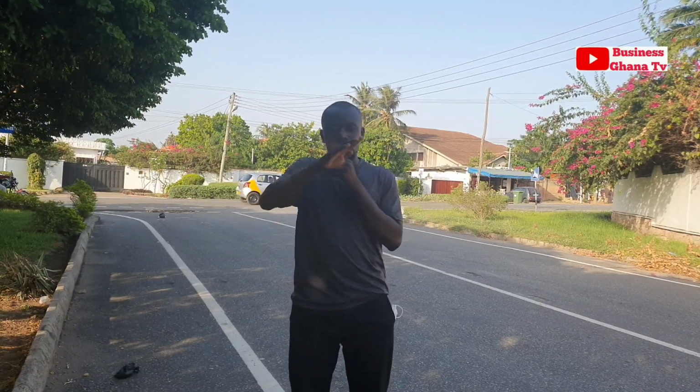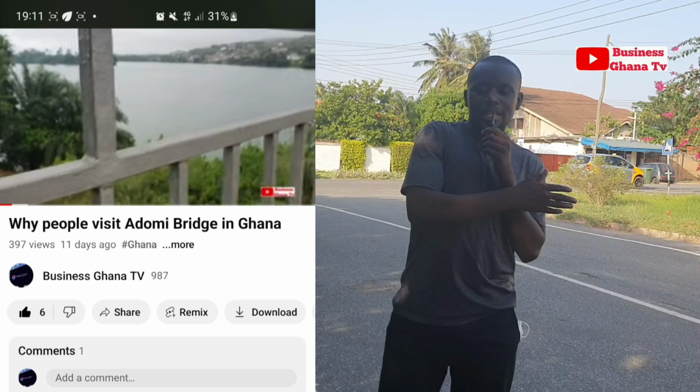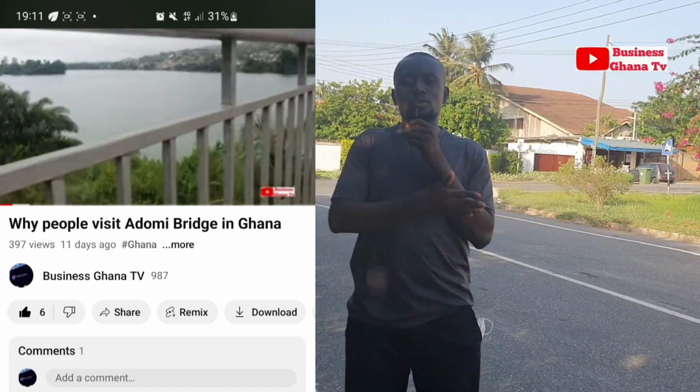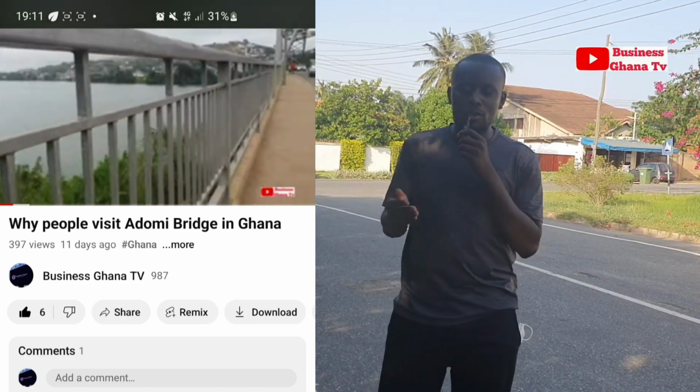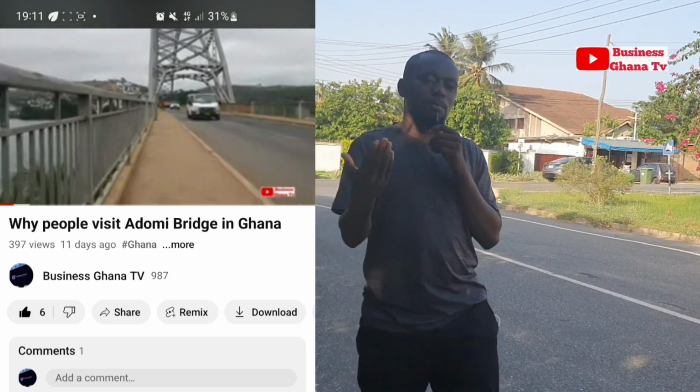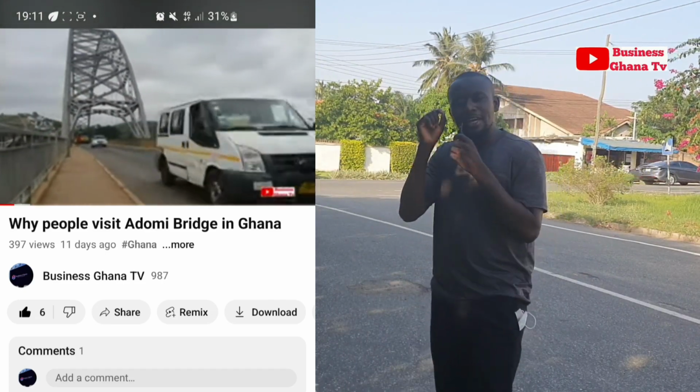There's a bridge over there connecting two towns or two sides. Because there's a river in between, they have to build a road that can connect the two sides. Cars use it, human beings can also walk on it, and that is what we call a bridge.